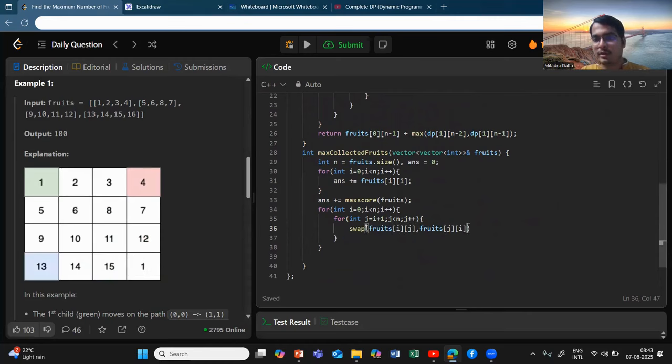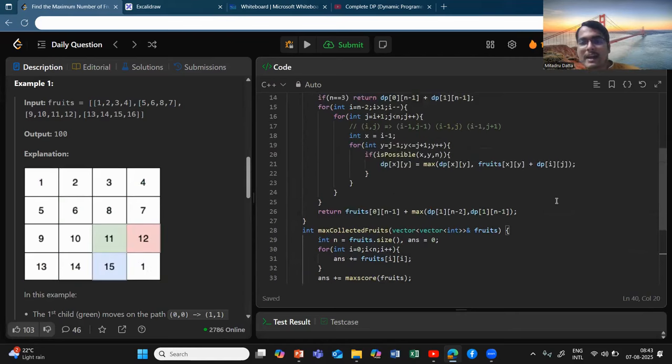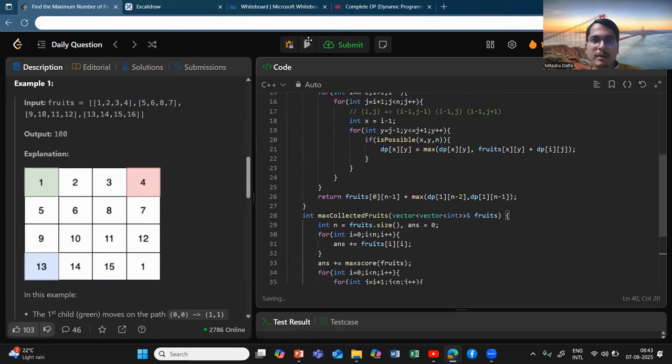I hope you already know what transpose means. And you just add to this answer the max score value. Okay, you just do the same things again, because that will apply for the bottom left guy also. And you can simply return the answer, and that will be our solution to this problem.